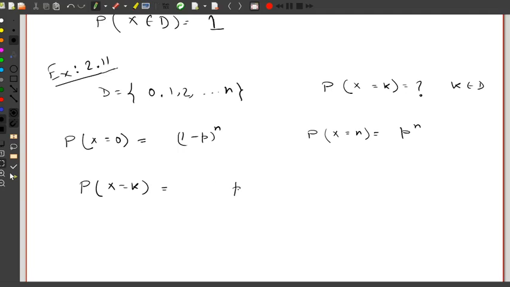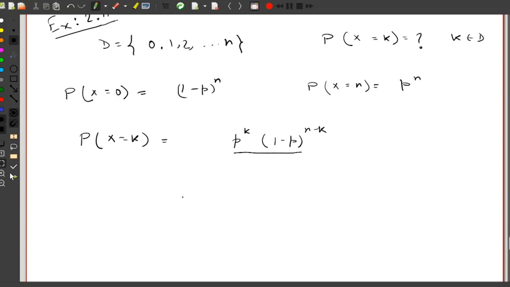Exactly k successes gives p to the power k, and the probability of exactly n minus k failures is (1 minus p) to the power n minus k. Now note that this gives me the probability of only one of the arrangements. What do I mean by one of the arrangements?